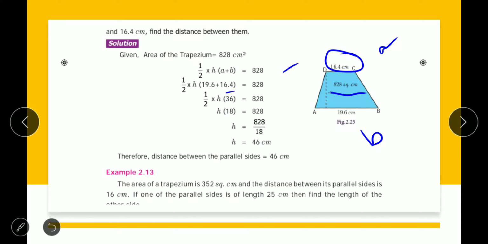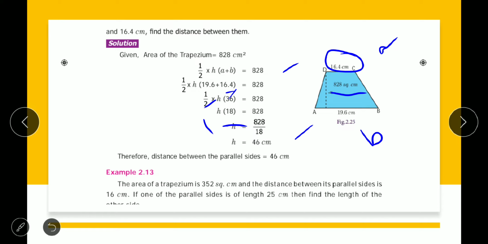When you take that to the other side, it will become reciprocal. So 828 into 2 by 36. We can cancel 2 and 36, so that is one way. When you cancel, you will get 18. 2 ones are 2, and 2 eighteens are 36. So H into 18 is a multiplication. When it moves to that side, it will become division. So when you simplify, you will get the height as 46 centimeter. This is one way of finding the missing values.